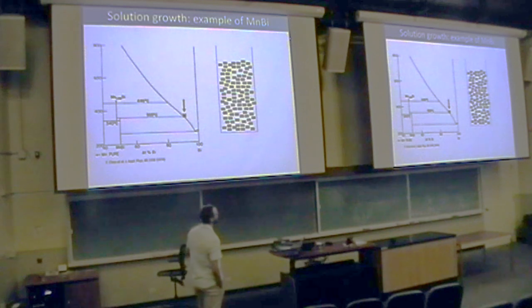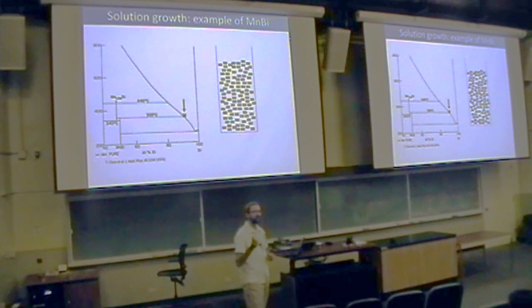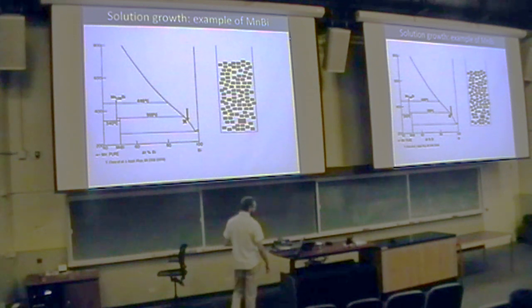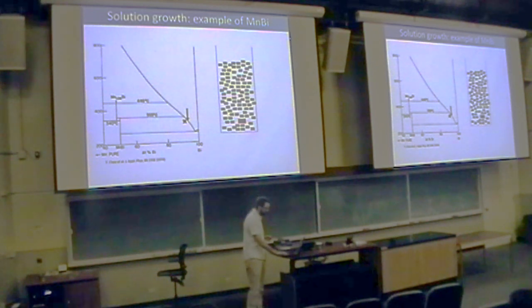Now, as you cool it down, you're going to reach this liquidus line here, and so you're going to enter into the two-phase region. That means you're going to start to have a small crystal and still a large excess of liquid. So I'm cooling down here, and I start to form a small crystal of manganese bismuth in my liquid.